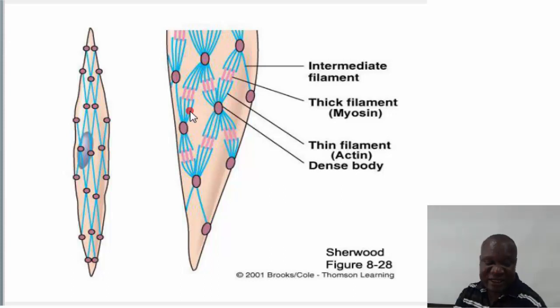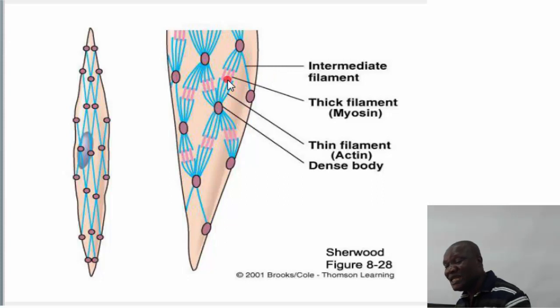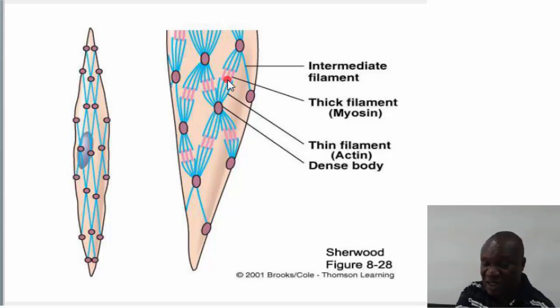Now, in addition to the contractile elements, that is the thin and thick filaments, there are non-contractile filaments called intermediate filaments, which aid in the shortening of the smooth muscle when they are activated.